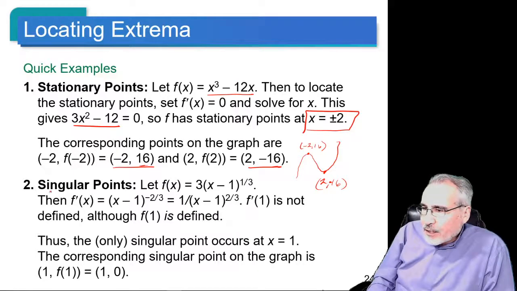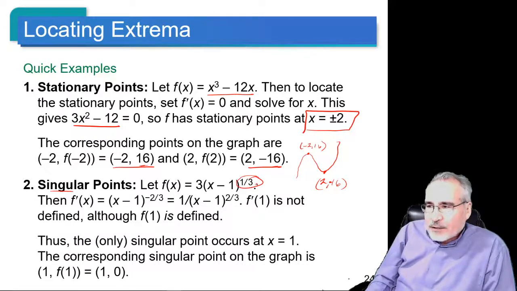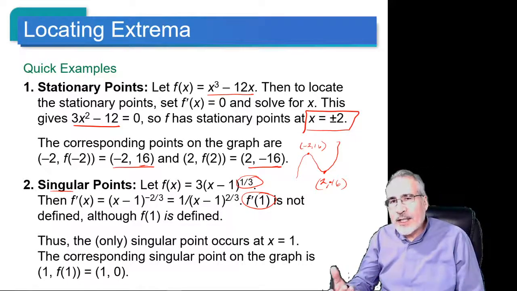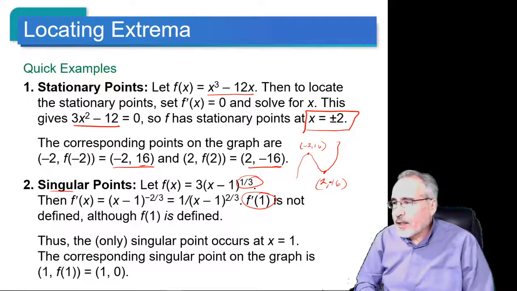Now here's where we're going to get a singular point again. Notice it's got a radical, a fractional exponent. When we take its derivative, we get this negative exponent. It goes down into the basement, and so x minus 1. The derivative is undefined at 1, since 1 minus 1 is 0. That's an undefined area, so that's a singular point. It's going to give us either a minimum or a maximum.